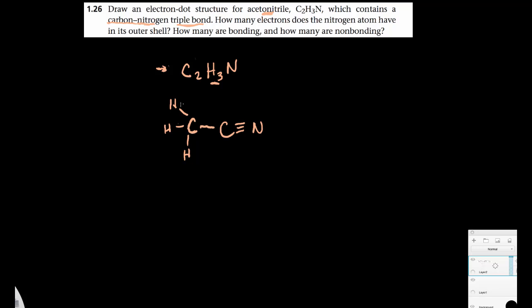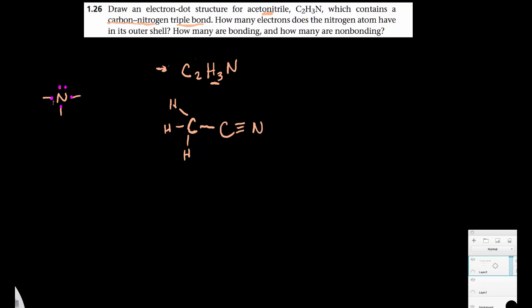And now, looking at the nitrogen, we see that it has 3 bonds. Now remember, nitrogen is in the 5th column in the periodic table, and so it has 5 valence electrons. So if we look at the valence electrons, there's 2, and then there's 1 in each of these bonds.